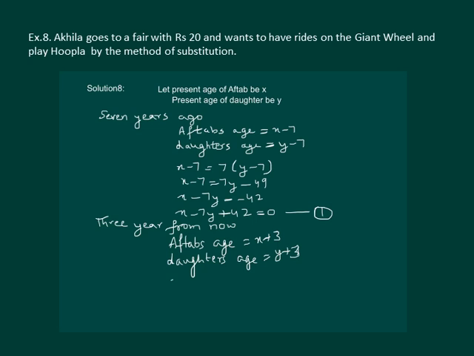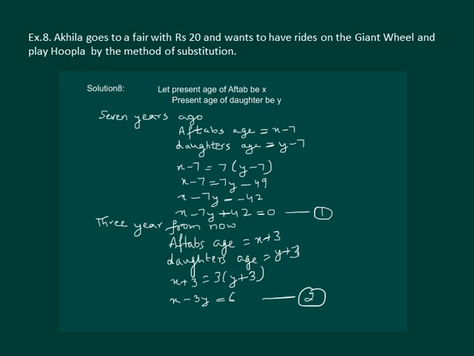That means x plus 3 will be equal to 3 times y plus 3. Solve this to get equation 2. We get x minus 3y equal to 6.